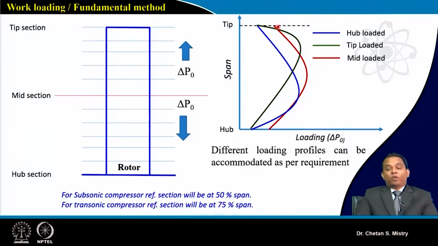I can even opt for a mid loaded design. So this approach gives you so much flexibility in doing your design, which may not be possible with the approaches we have been discussing.